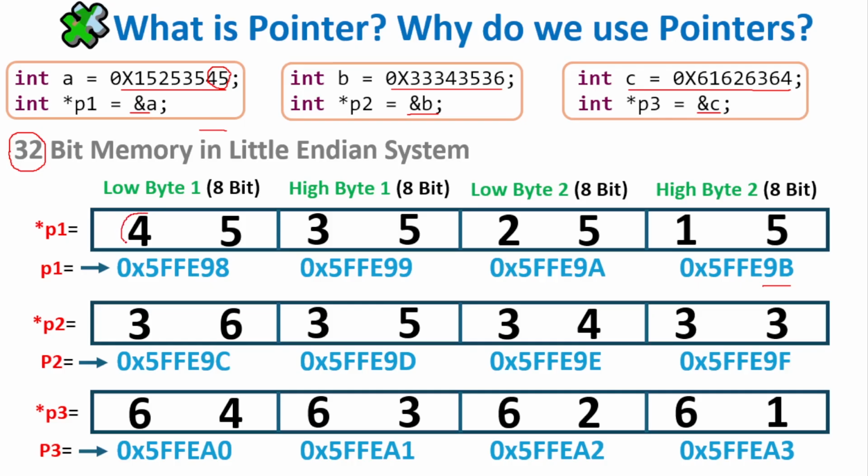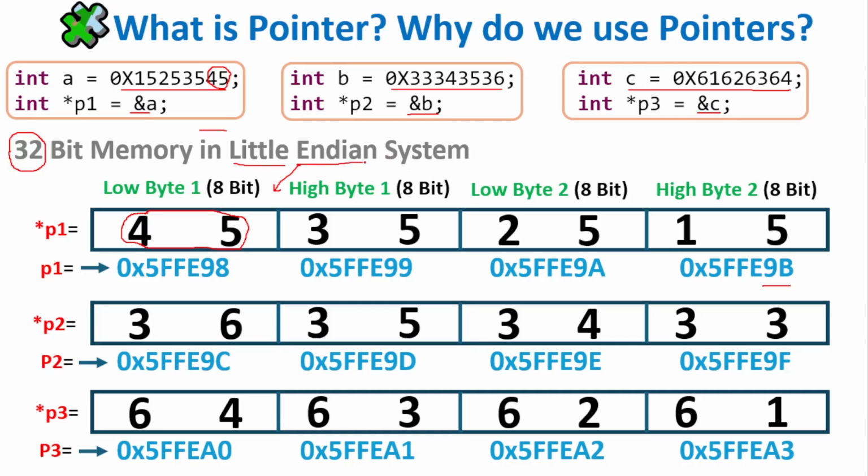This is very important. This is why understanding endianness is critical when working with pointers and memory in C, because you are not just reading values, you are reading how those values are stored byte by byte.